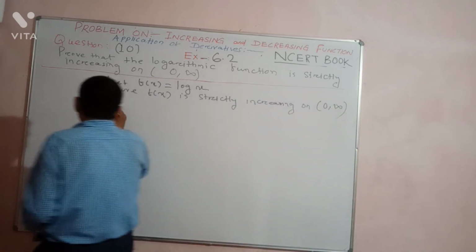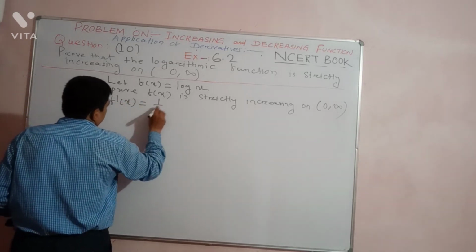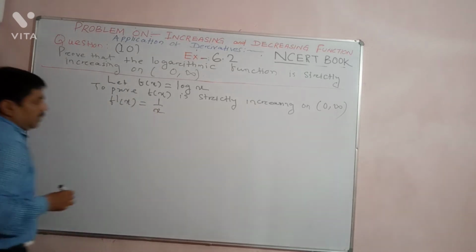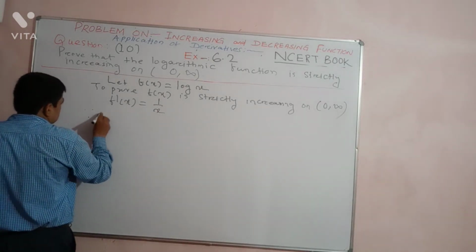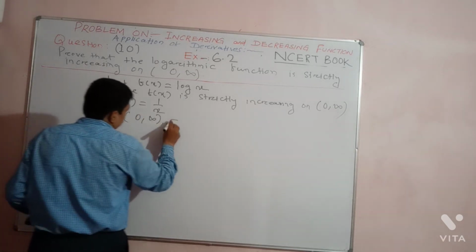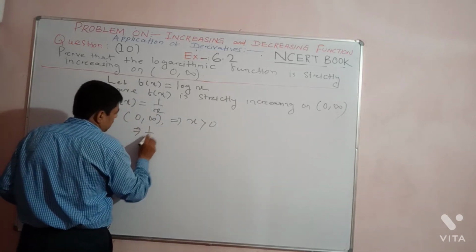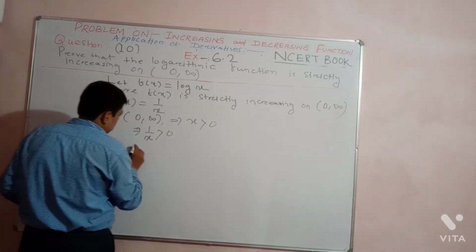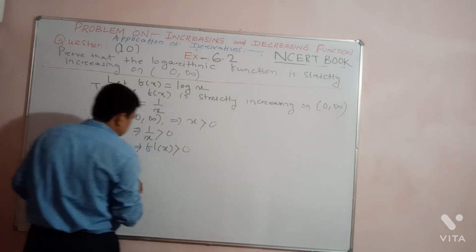Now let us find the slope of the function by finding the derivative, which is 1 by x. Since x belongs to 0 to infinity, that implies x is greater than 0. So that implies 1 by x is also greater than 0. That implies f dash x is greater than 0.